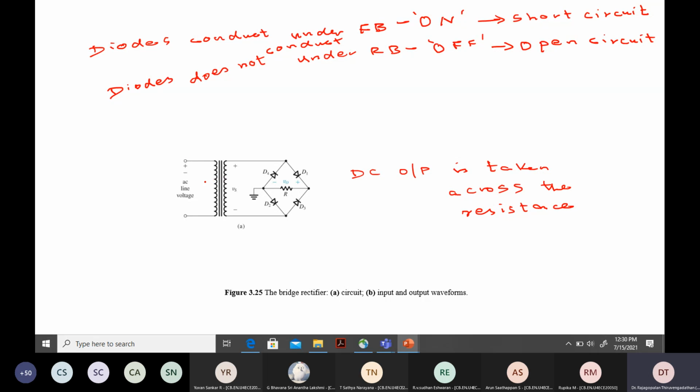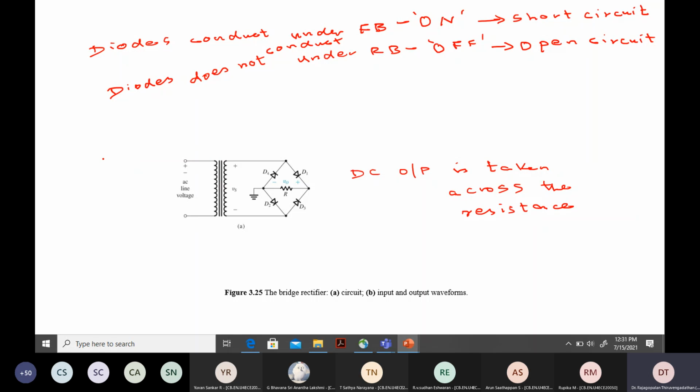The difference between the full wave rectifier and the bridge rectifier: in both of them, of course, we use a transformer, but to step down the input line voltage from 220 in India and 120 or 110 in US. So typically that step down transformer acts.